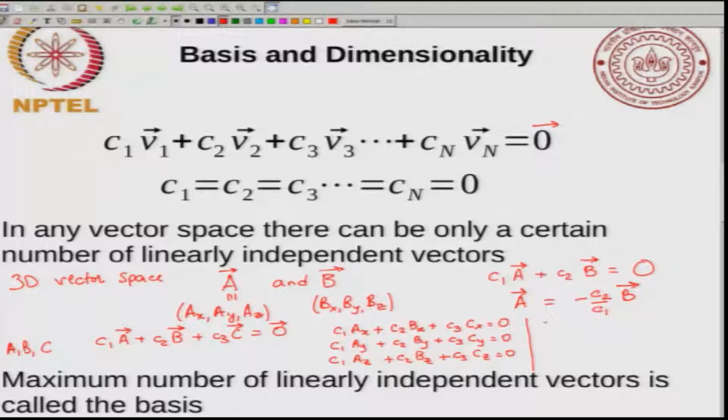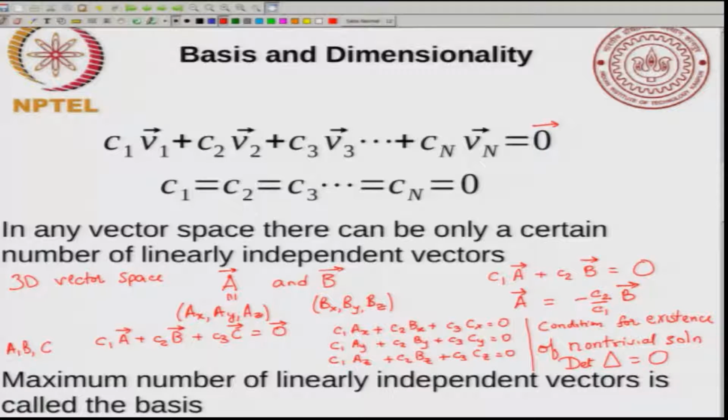The condition for existence of a non-trivial solution, which you might be familiar with, is that the determinant involving Ax, Bx, Cx, Ay, By, Cy, Az, Bz, Cz should be equal to 0.